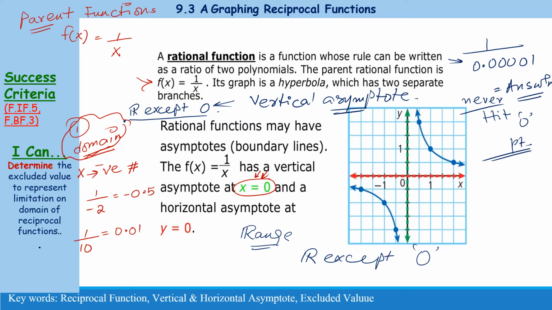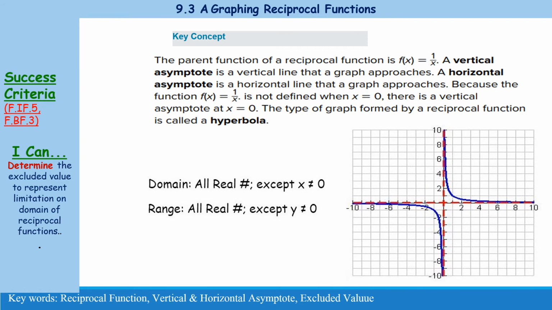Similarly, you have a horizontal asymptote, which means the line will come closer and closer to the x-axis, but it will never touch that horizontal axis. So this is the graph we found for f of x equals 1 over x. You can see one more thing. For example, if I had the equation y equals 1 over x, let's suppose you want to find the x-intercept. The x-intercept means y equals 0.